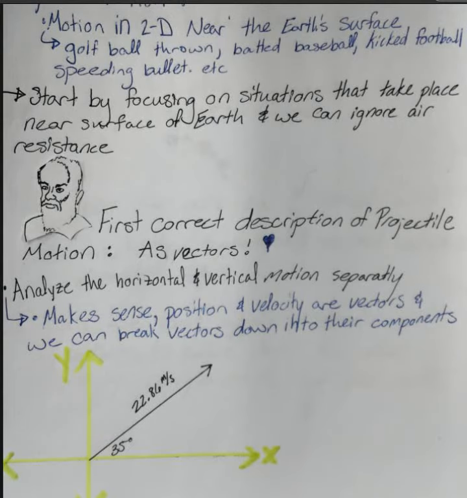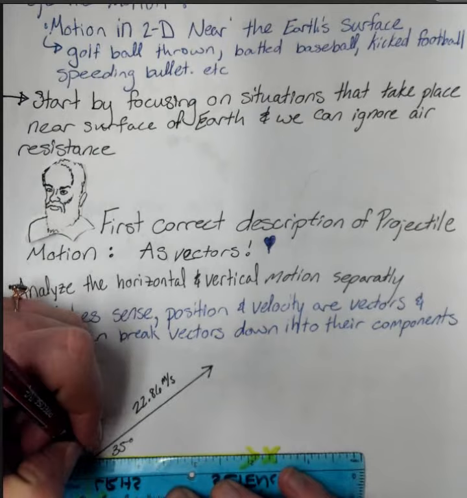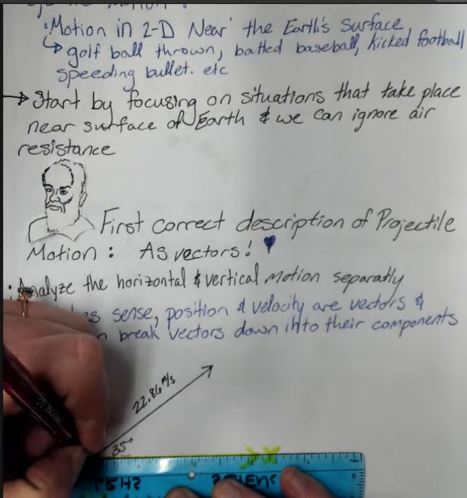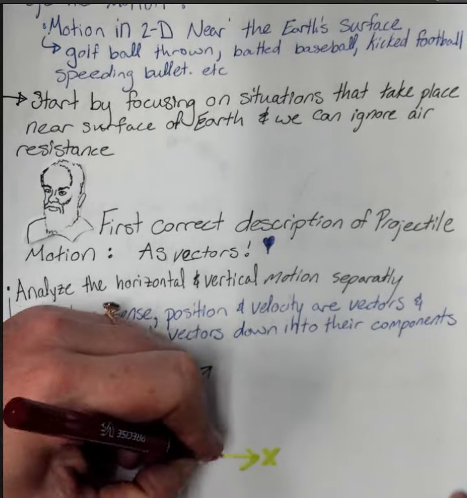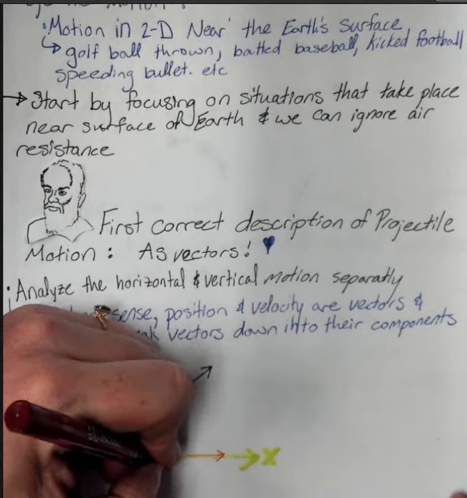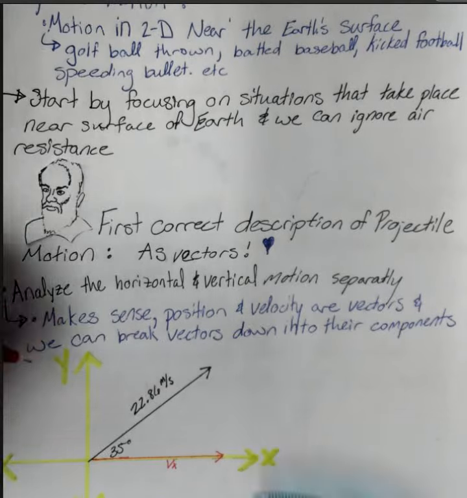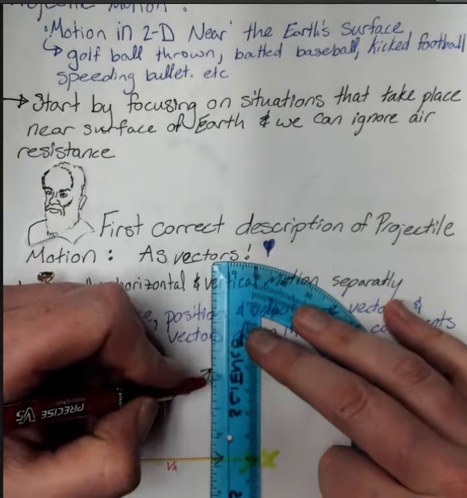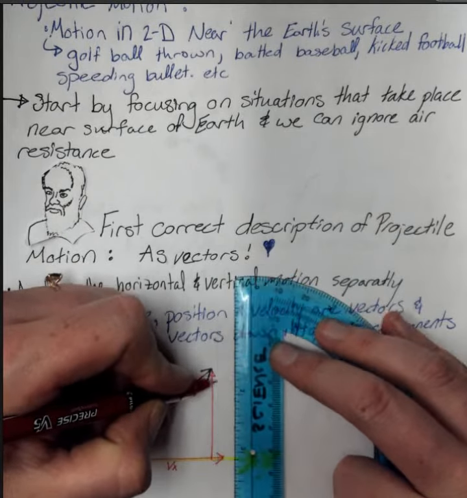And once I've set my axes, I can now find the x and the y component of my vector. One thing that I know is I want my x-axis to be my horizontal component, so I'm going to call that Vx, the x component of this velocity. And my y component, Vy.